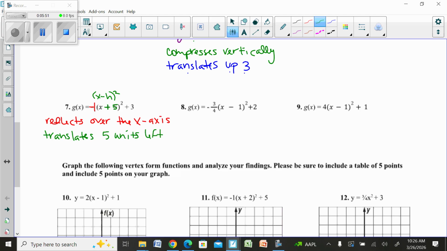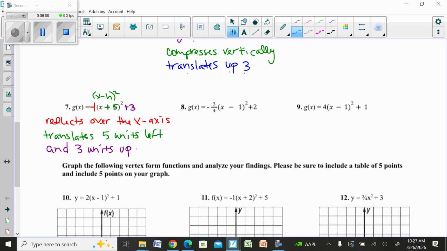That's the hard part, that h value does the opposite of what it looks like. And then the +3 out here is true to its sign. And so it translates 5 units left and 3 units up.